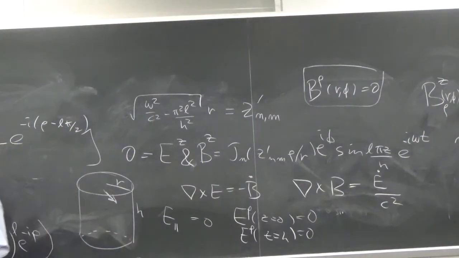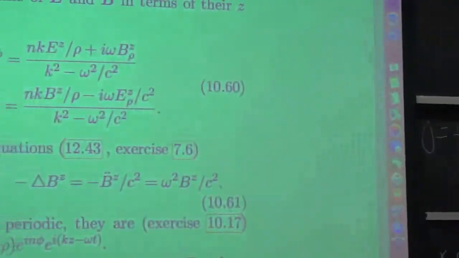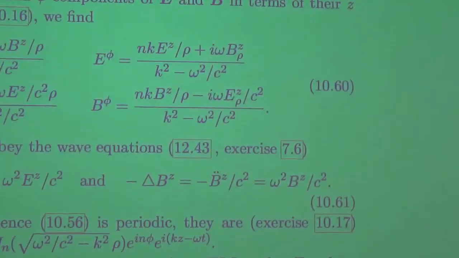Now, we had formulas, I have them listed as 1060 here. Right. These formulas express E rho in terms of the rho derivative of EZ and in terms of BZ. Well, the rho derivative of EZ is 0 because EZ is 0.